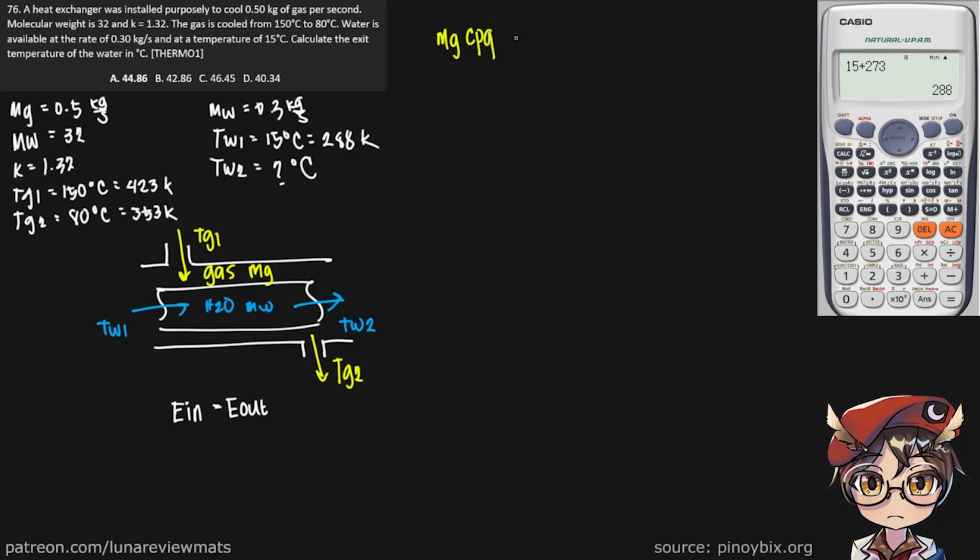Cpg is the specific heat of the gas, and it's entering at the temperature of Tg1, and there is also water coming in, so Mw, specific heat of water at constant pressure, and this is Tw1.